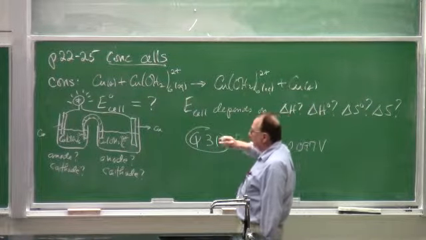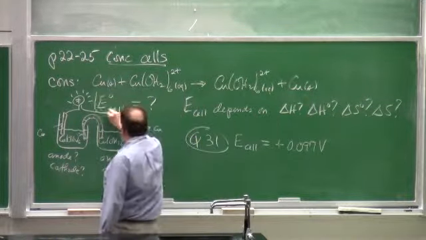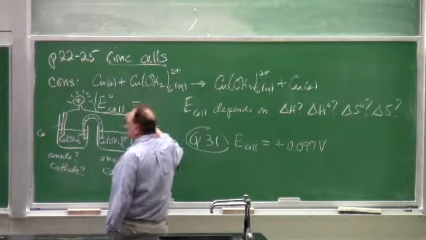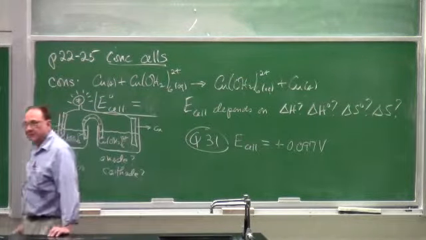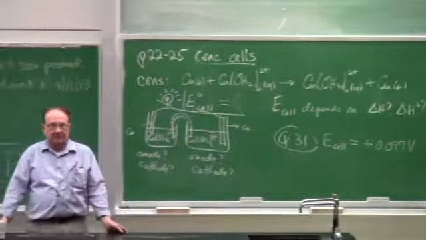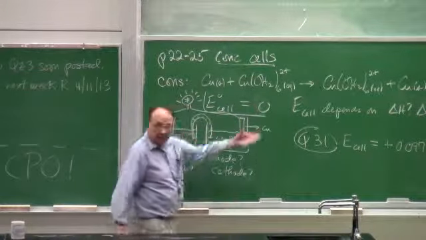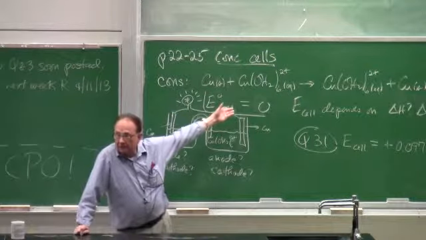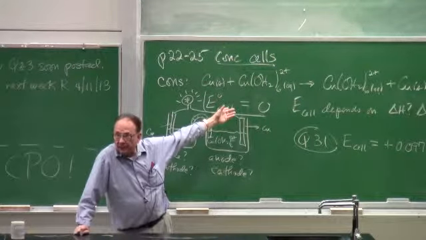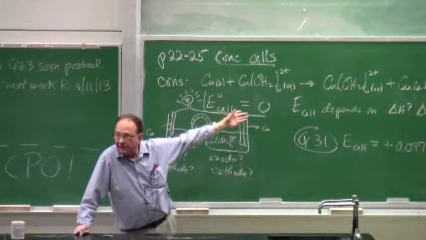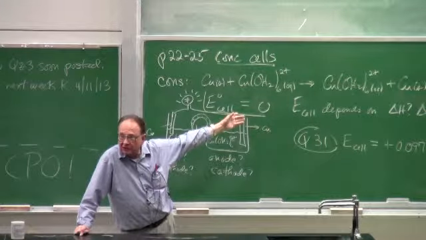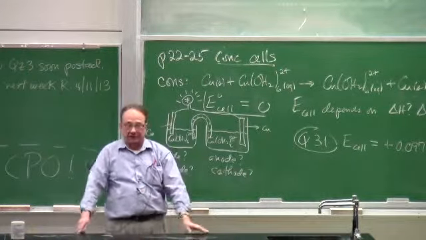Well, before we get to that, let's go back to this part of the puzzle. What's E0 for a concentration cell? 0. Got to be 0. The half cell which corresponds to oxidation is exactly the same as the half cell which corresponds to reduction, except one of them is reversed.